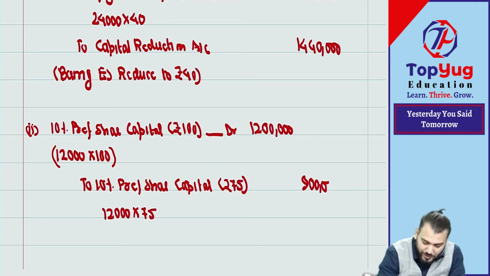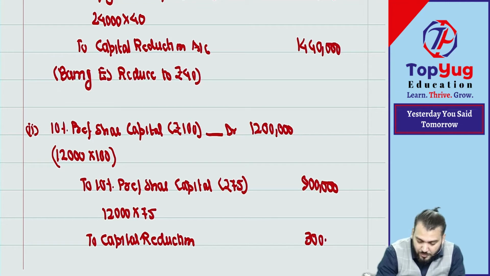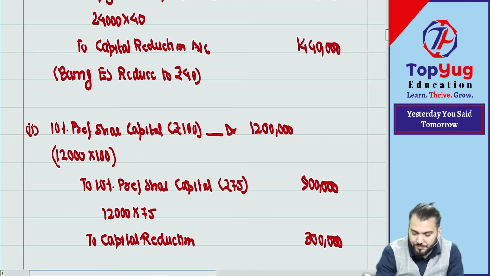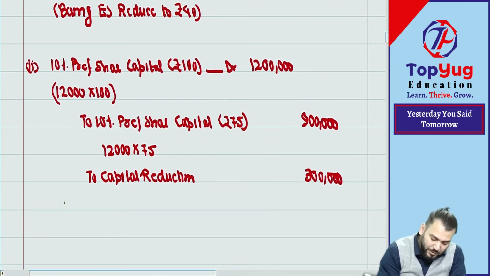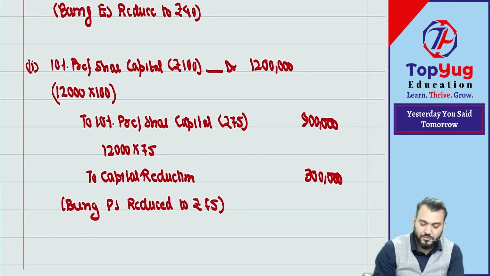To capital reduction, 3 lakh. Being preference shares reduced to rupees 75. You become expert in narration also. Correct?